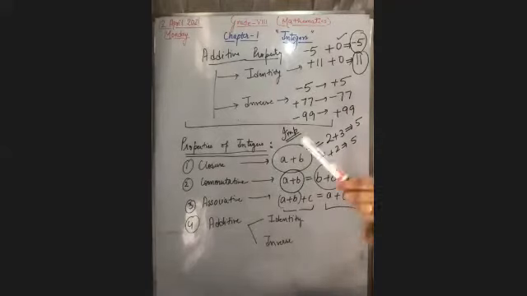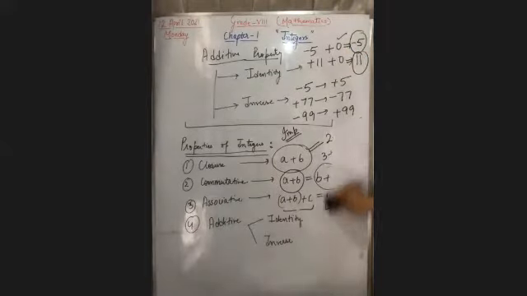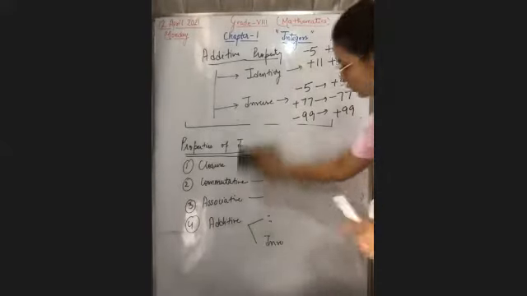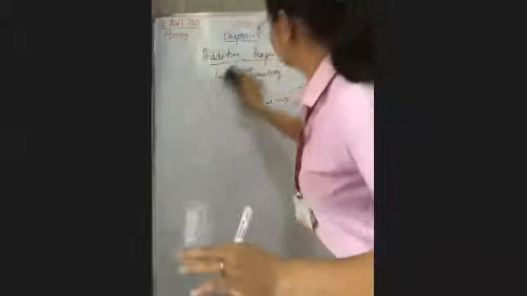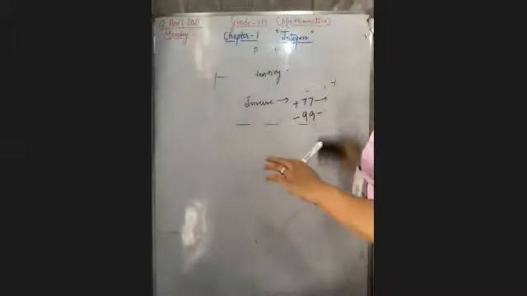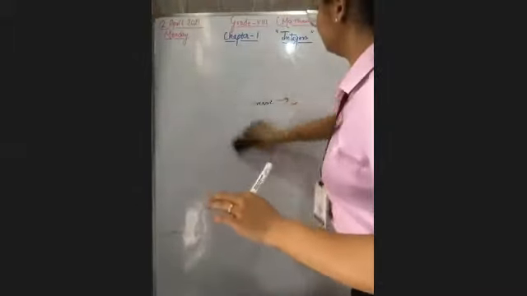Okay, so these are the inverse of additive property, right? Now I'm going to ask you two questions, and then you have to answer me. Look here.